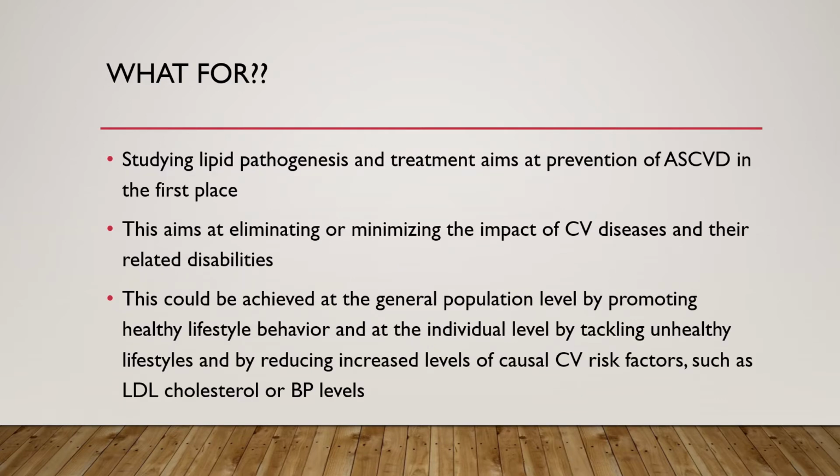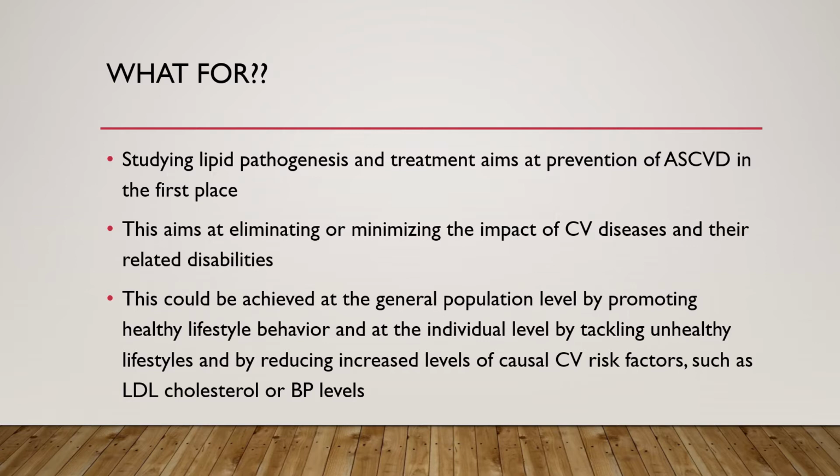First of all, what do we study dyslipidemia for? The study of lipid pathogens and treatments aims primarily at the prevention of atherosclerotic coronary artery disease. This will minimize the impact of the disease and the related disabilities to the patients.